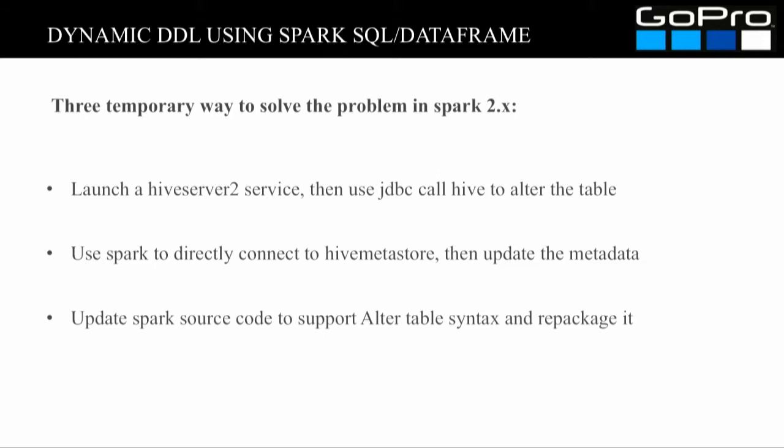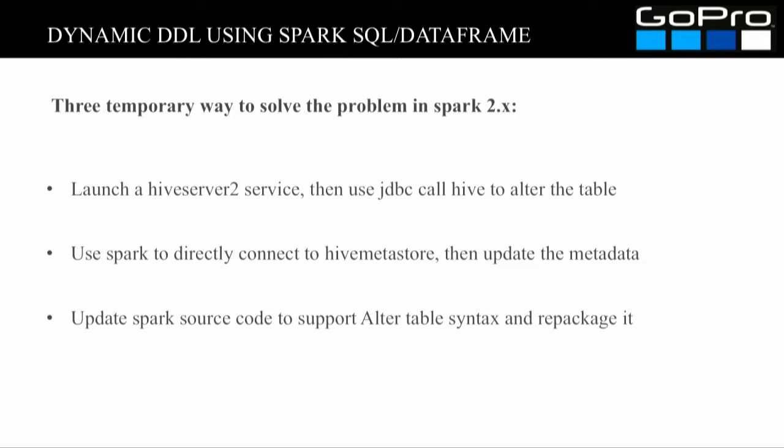But you have to maintain a separate service. The second way is using some Spark internal API to directly connect to the Hive metastore, then update the metadata. This needs you to be familiar with their internal API.